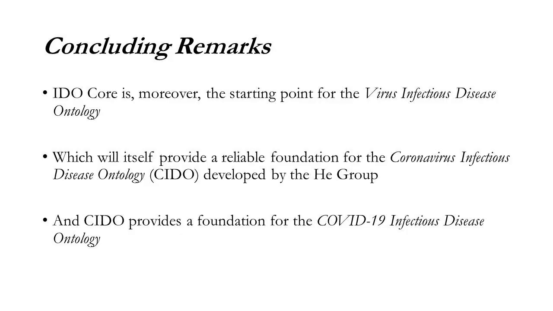Now, this is also a sort of starting point. IDO Core is for infectious disease in general. There have been lots and lots of virus ontologies. We saw a couple. The sheer number suggests the need for what we call a reference ontology, which is a middle ground between an ontology like IDO, which covers infectious diseases in general, and more specific infectious diseases, namely, in this case, infectious diseases with respect to viruses.